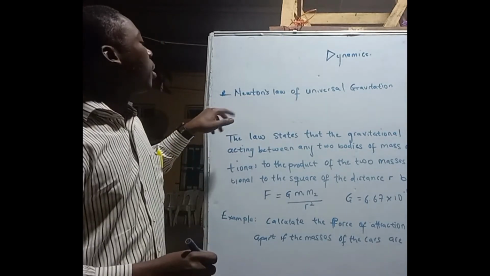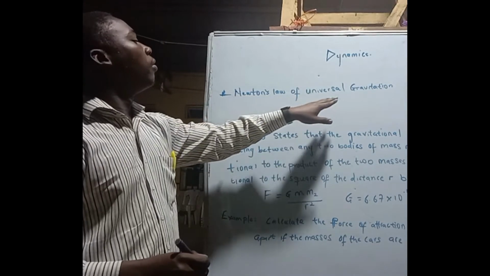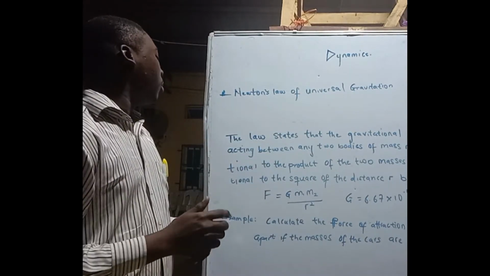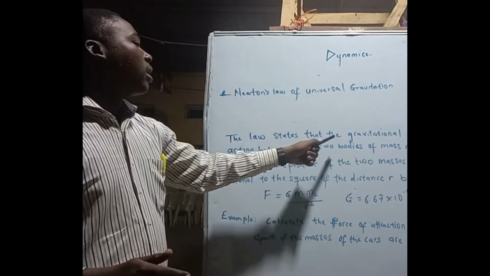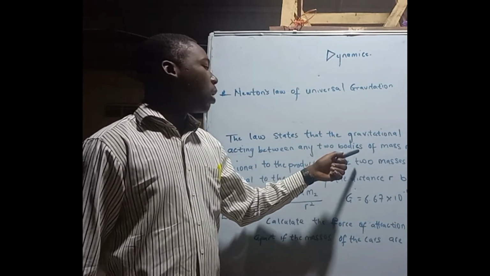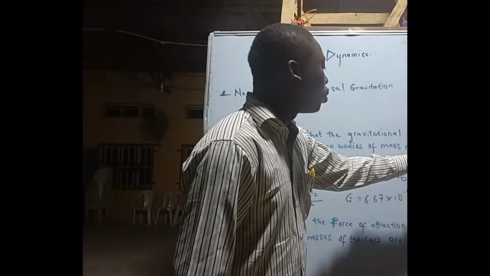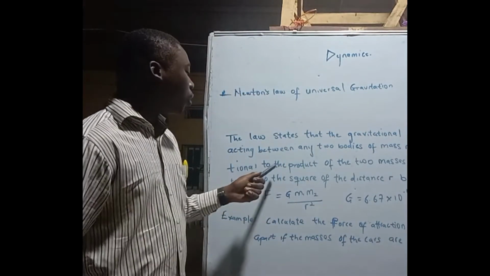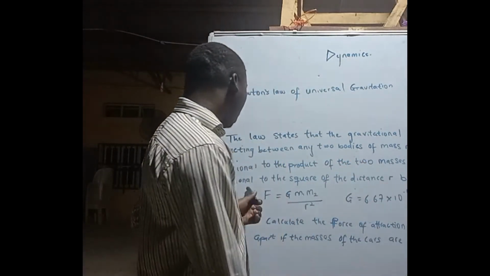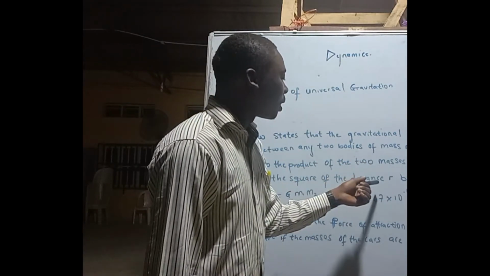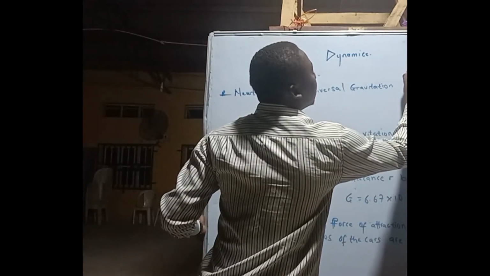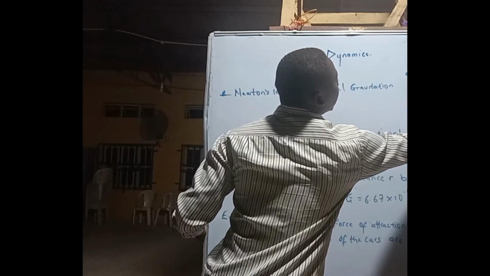So let's talk about Newton's law of universal gravitation. This is also a simple law. The law states that the gravitational force of attraction acting between any two bodies of mass m1 and m2 is proportional to the product of the two masses and inversely proportional to the square of the distance r between them. Let's say we have a mass here and a mass here.